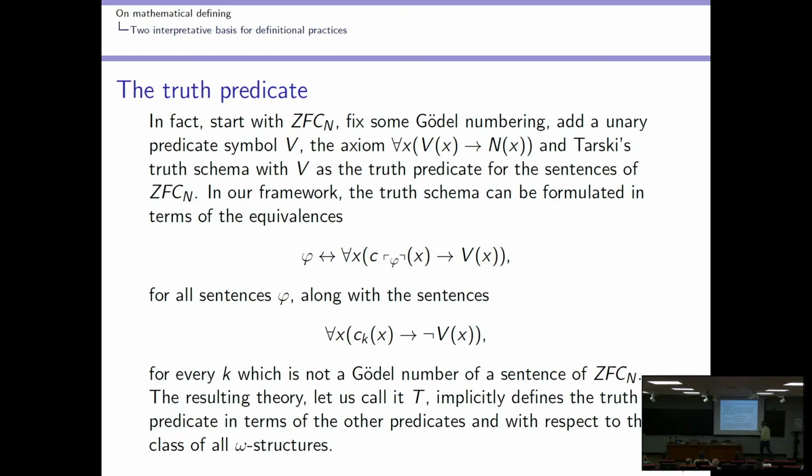So for every sentence, provable or not, you have the Tarski truth schema: phi if and only if V of phi. And for those numbers which are not Gödel numbers of sentences, you don't have V of that number.